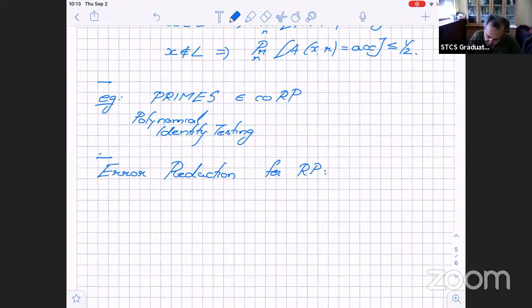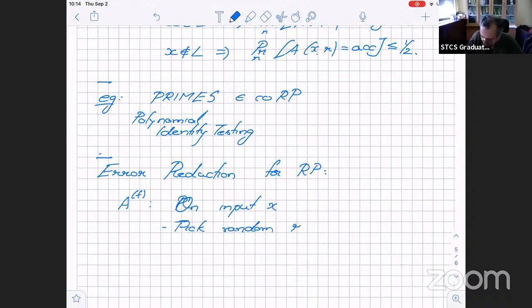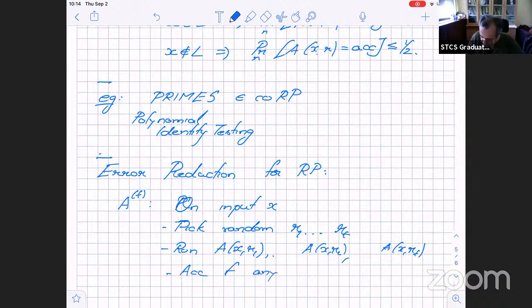If you had the algorithm A, then A_t on input x is just: pick random coins r_1, r_2, ..., r_t, run A(x, r_1), ..., A(x, r_t), accept if any one of them accepts, and reject otherwise.